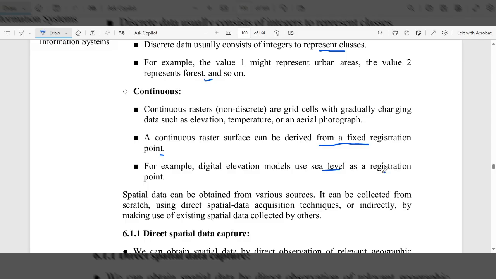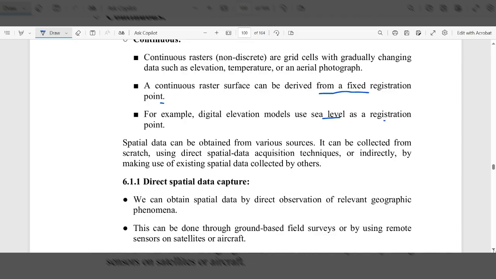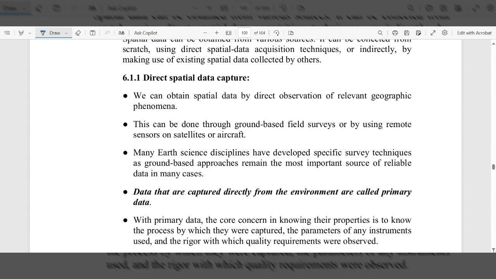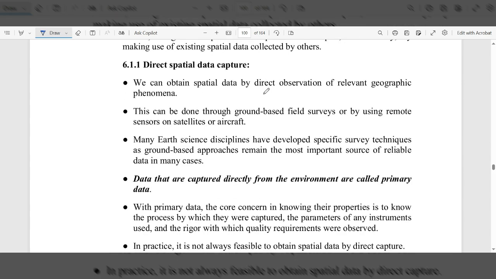So this data can be obtained from various sources and it can be collected from scratch, using the direct spatial data acquisition technique or indirectly by making use of existing spatial data collected by others. Right. So in direct spatial data capture, we can obtain the data by direct observation of relevant geographic phenomenon, right?